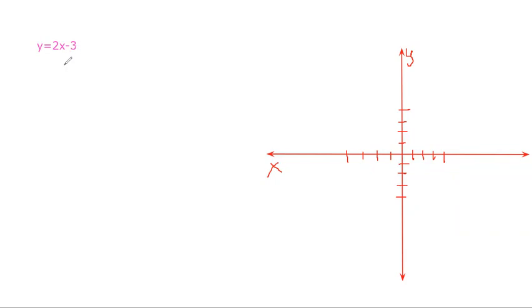So first step, how to graph this equation in our Cartesian plane. I have steps to follow and very easy steps. At the end of this session, you will learn how to graph this equation. Our expected result is we will graph a straight line.